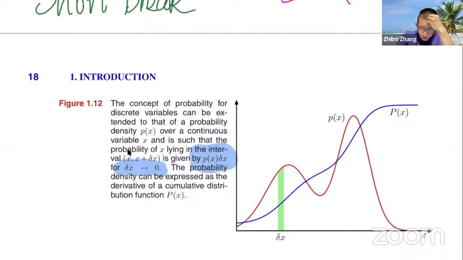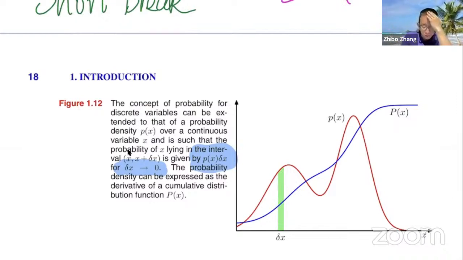If you look at this capital P(x), the cumulative distribution function is basically how much total density we already have up to this point.